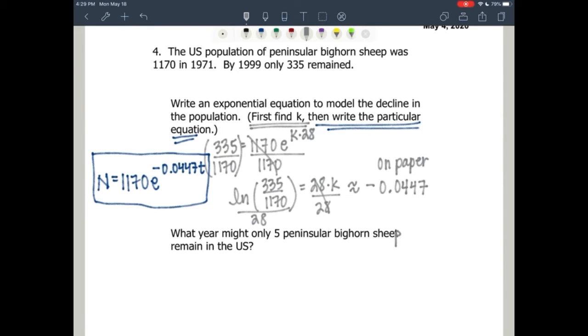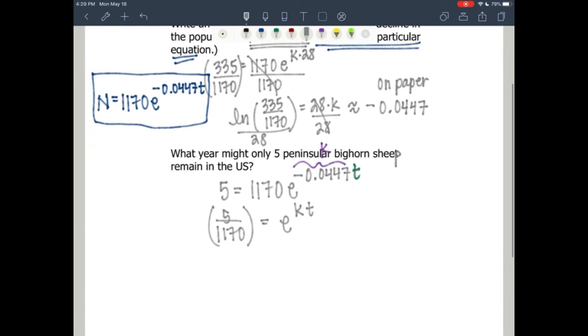So what year might only 5 remain? We've got 5 equals 1170 times e raised to the negative 0.0447 t power, and we need to solve for t. I'm also keeping in mind that I've stored this value as k. So I divide both sides by 1170. That gives me a percentage equal to e raised to the kt power.